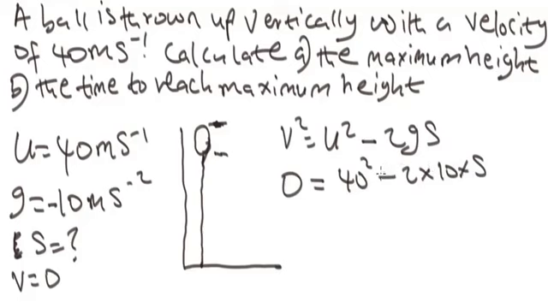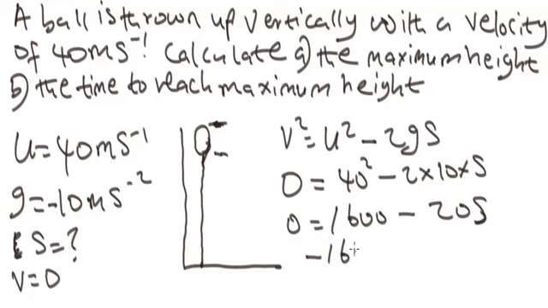When you substitute and simplify, you have 0 equals 40 squared, which is 1600, minus 20x. To make x, the distance, the subject of the formula, 1600 equals 20x.